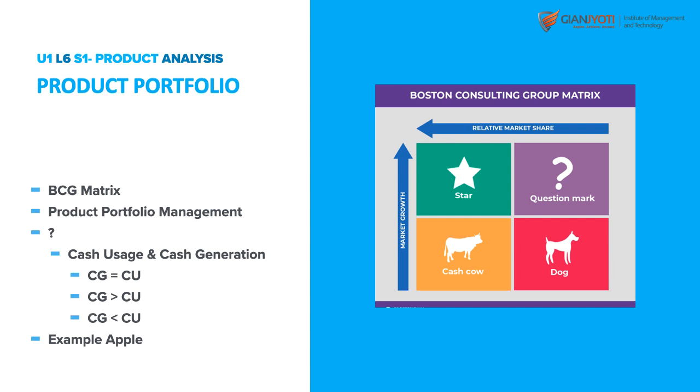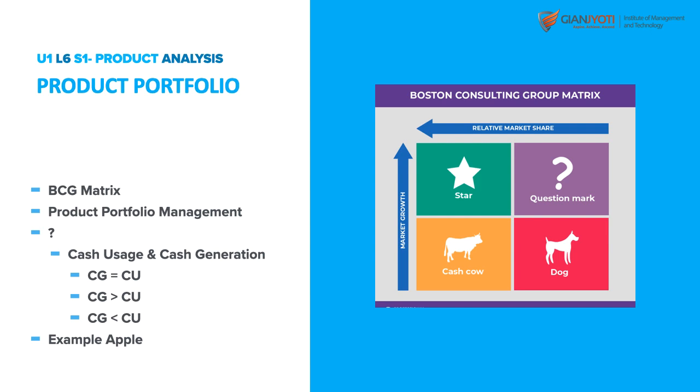Then the second one is where the market is growing but your share is not growing. That's a question mark, where you have to do the analysis and see what strategies and tactics you want to employ so that you can increase your share.